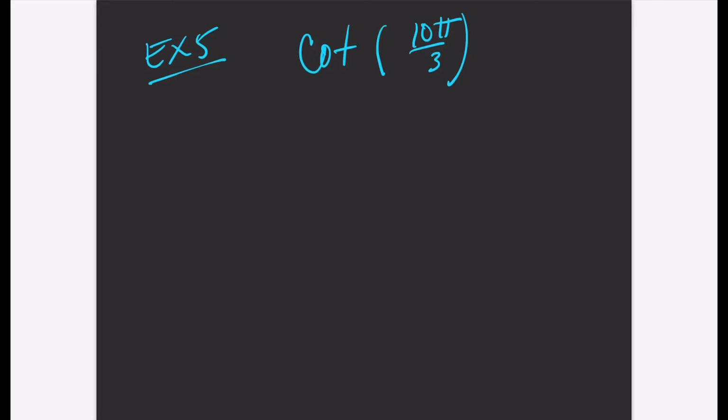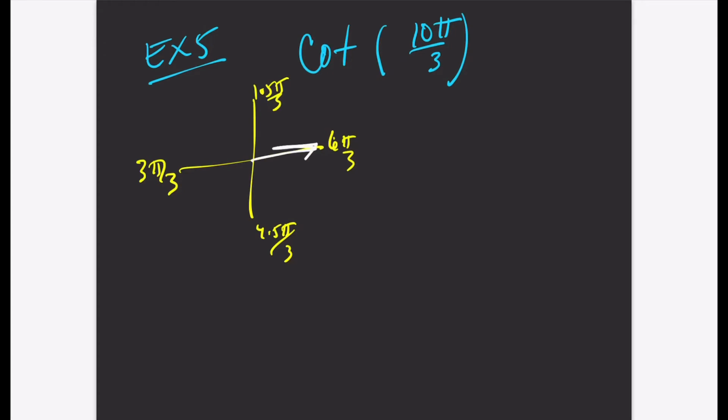So here's our last example, cotangent of 10 pi over 3. So let's graph our angle. Always start at the positive x-axis. 1 full revolution is 6 pi over 3. We're trying to get to 10.